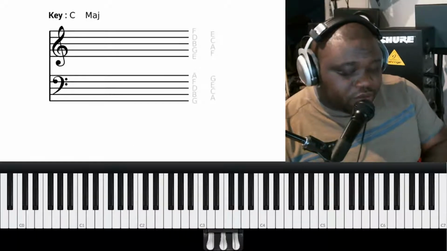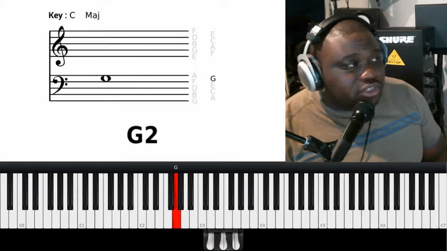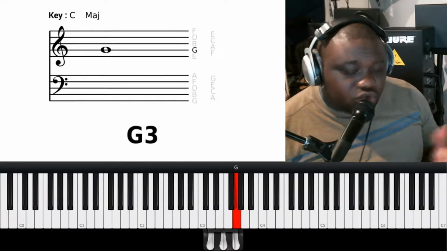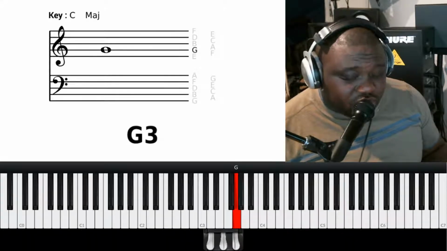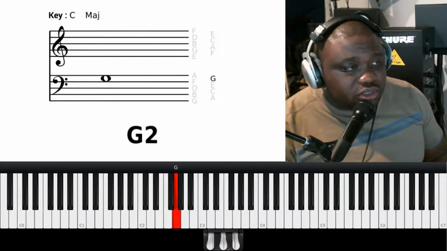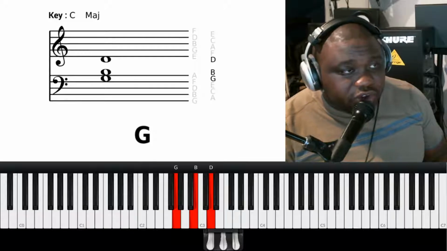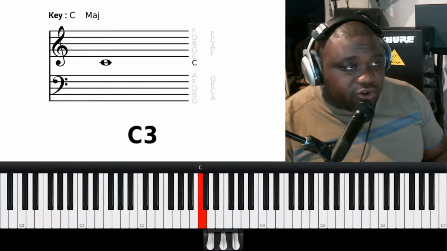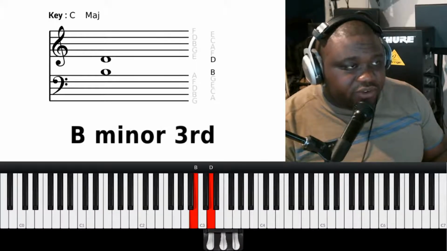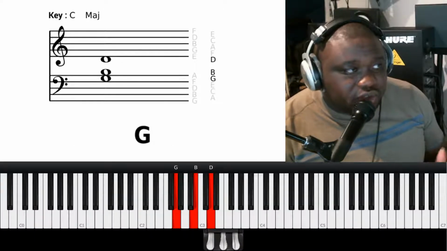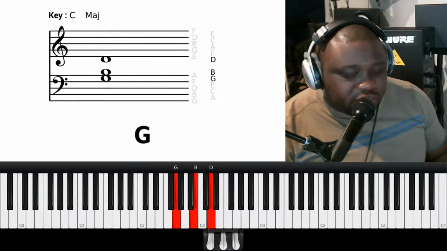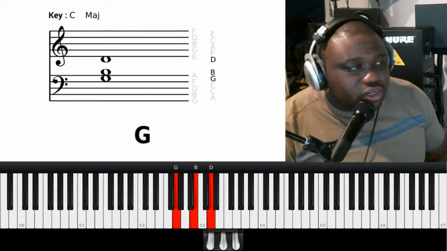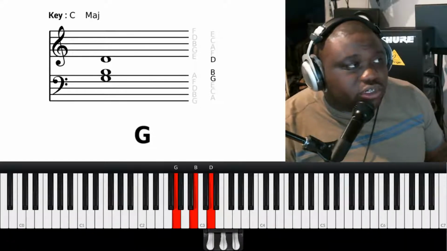So that is that, and then you have 1 2 3 4 5 6 7 1. So to have your perfect chord, you need your root, your third, and your 5th, right? 1 2 3 4 5 3 5 1. You guys got it?